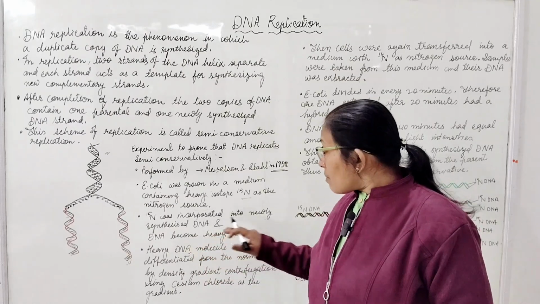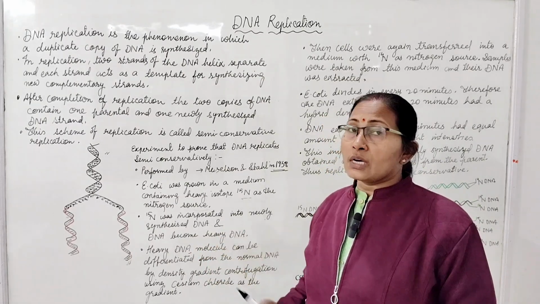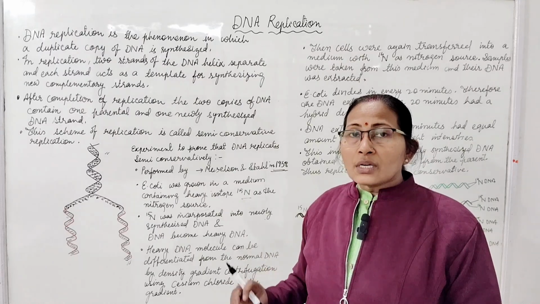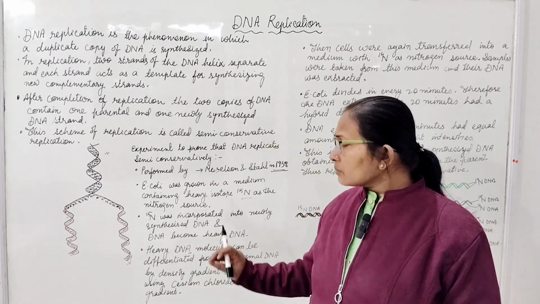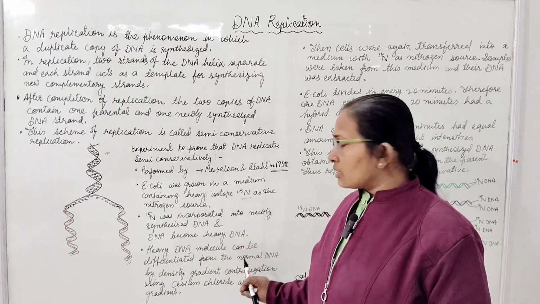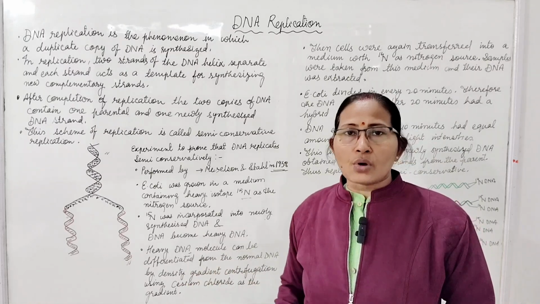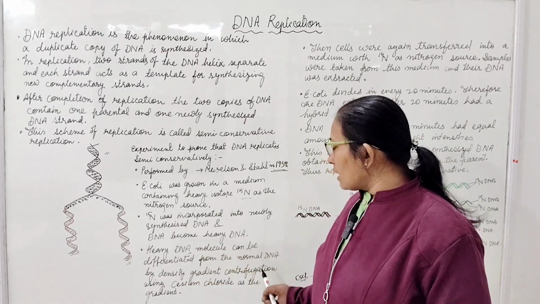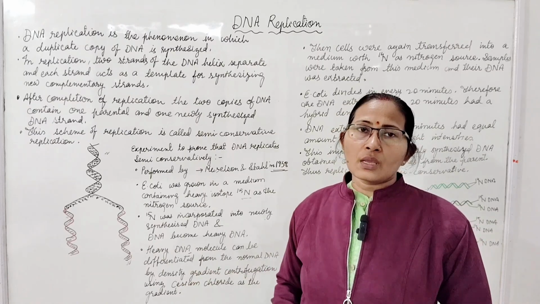Heavy DNA molecules can be differentiated from normal DNA by the density gradient centrifugation method, in which the density gradient is formed by cesium chloride.